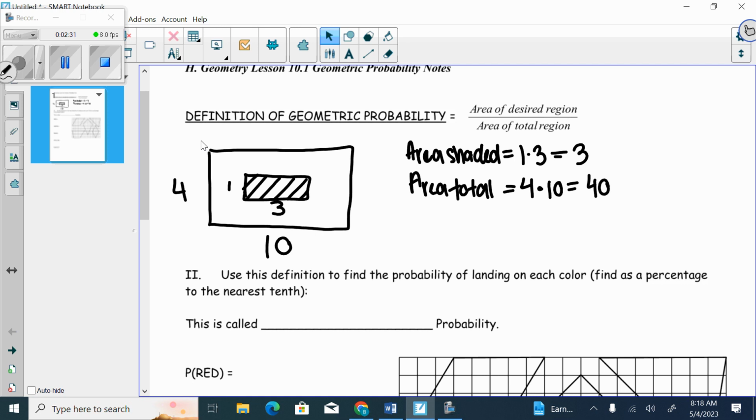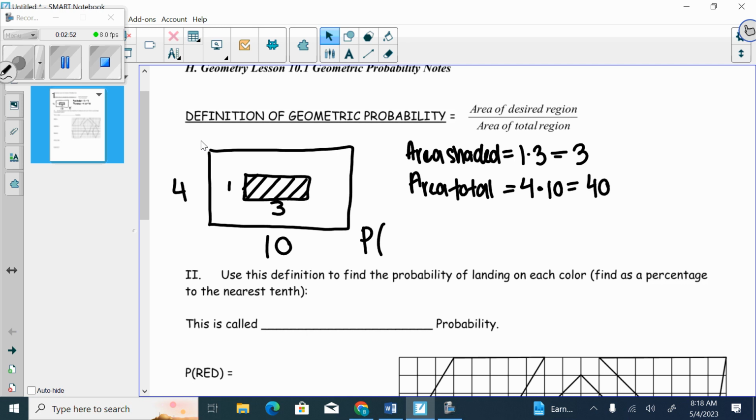So if I asked you what the probability of hitting the shaded region is out of the entire target, you have a chance of 3 out of a total of 40, right? So the way you write that is P stands for probability, and then in parentheses, they'll tell you what it is you're looking for the probability of.